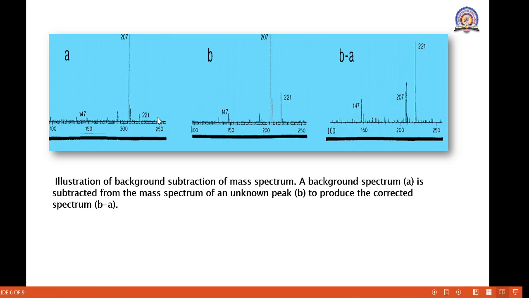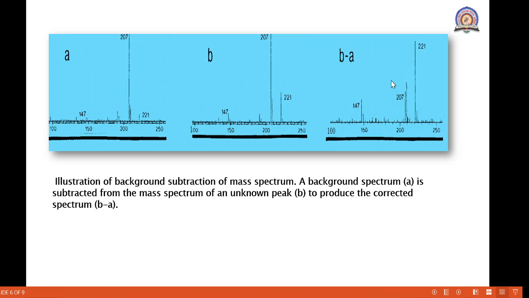They are present as minor peaks. In the same way, in the B spectrum, there is also the background peak at 207, and the principal peaks, 147 and 221, are minor peaks. Okay. By subtracting these two mass spectra, the correct spectrum is obtained, that is B minus A.